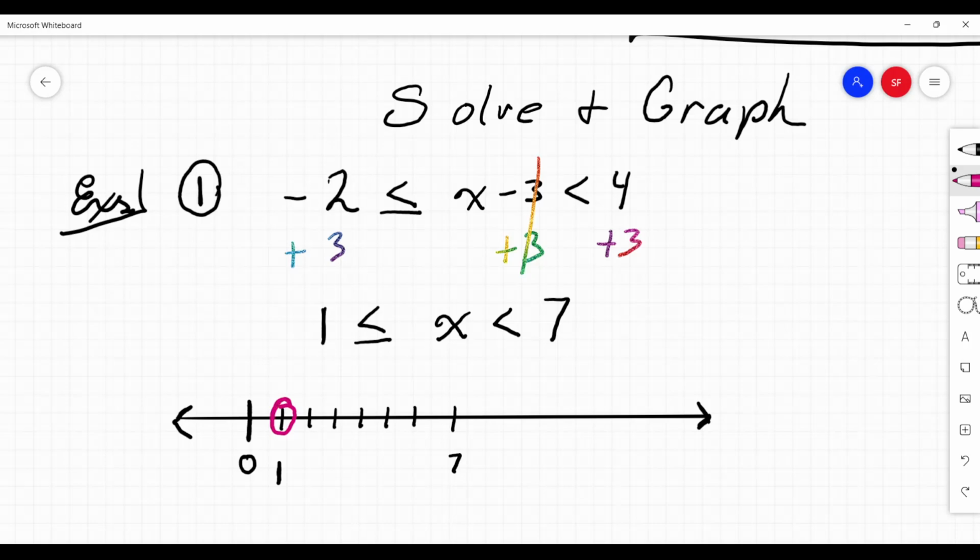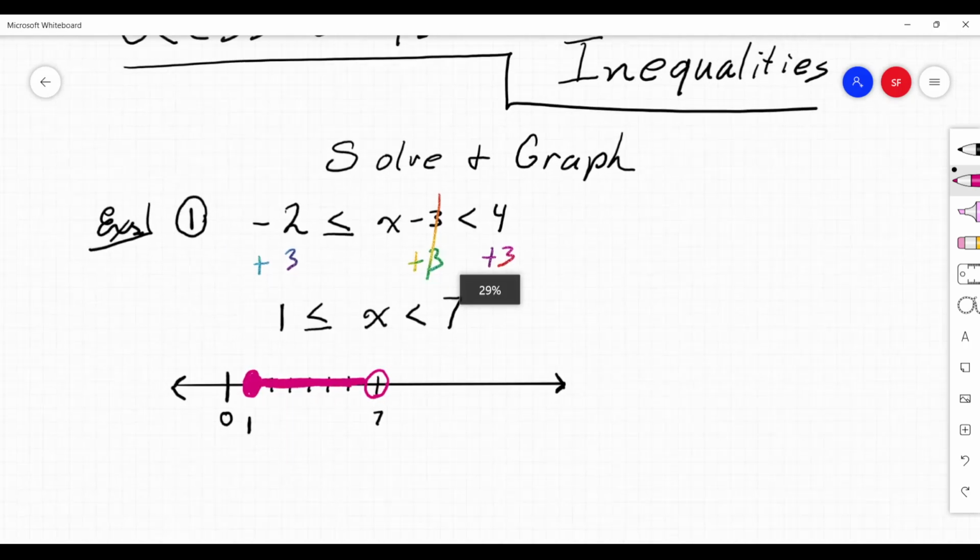It's greater than or equal to 1, so this one is going to be a filled-in circle. And it's less than 7, so an open circle. So we shade in between them. Does that make sense? You just shade in between the two dots to connect them. That's right. Really not hard.